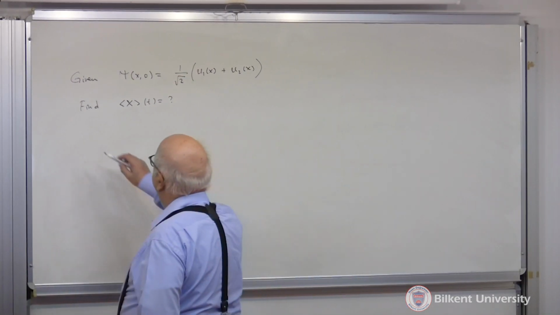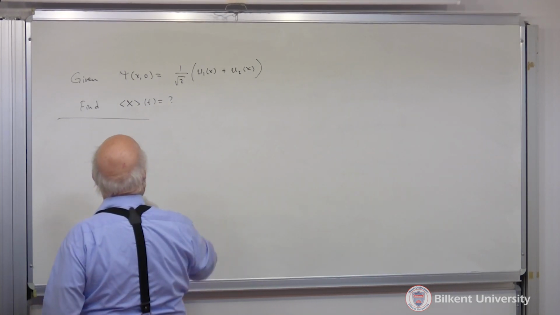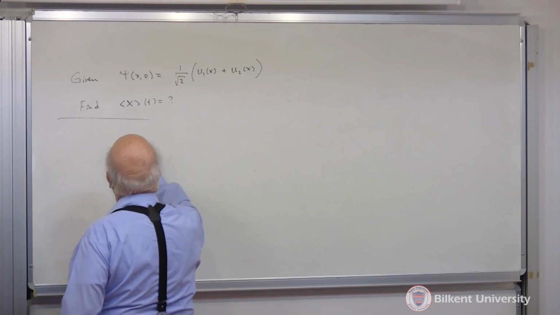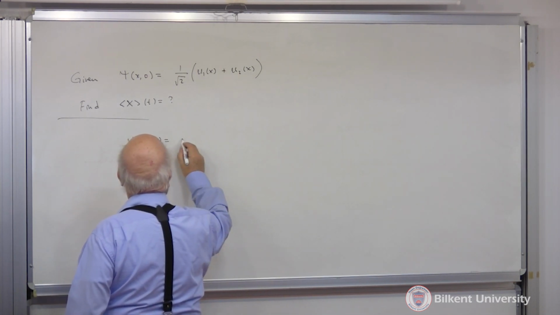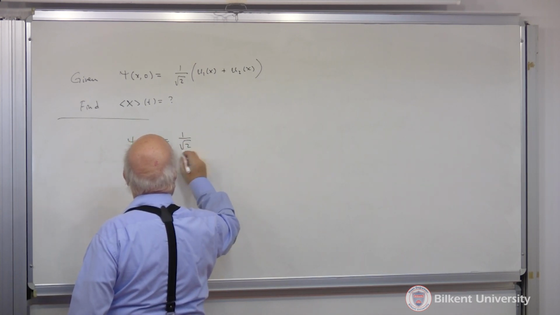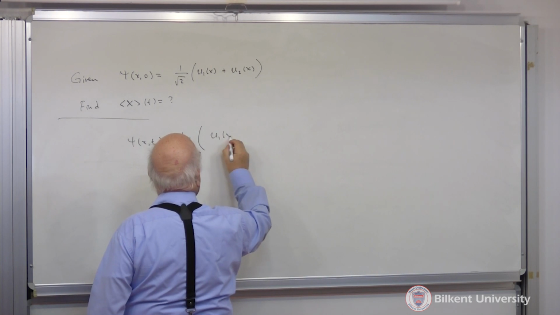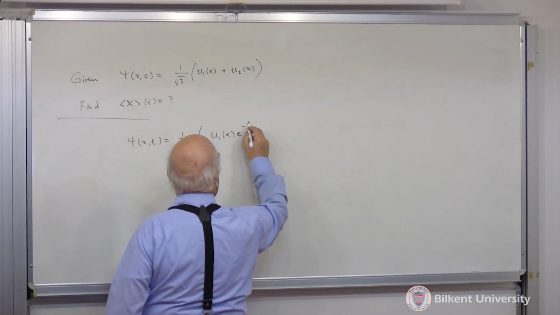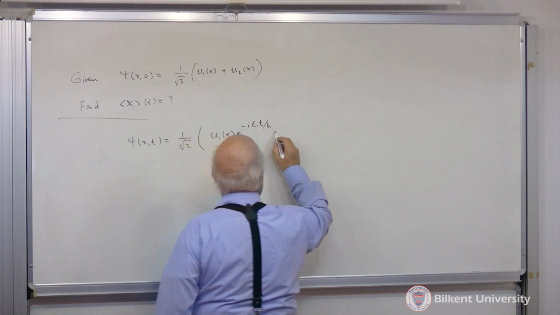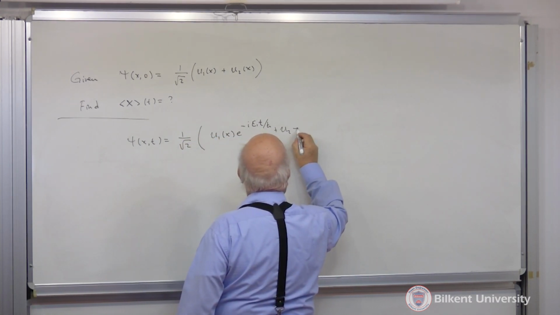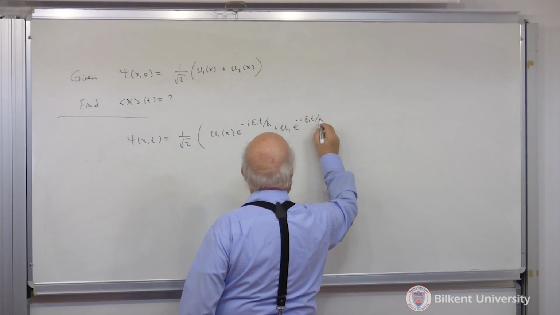If psi x 0 is that quantity, I know that psi x t is going to be 1 over square root of 2, u1 of x e to the minus i E1 t over h bar plus u2 e to the minus i E2 t over h bar.